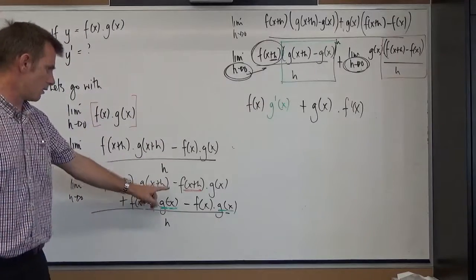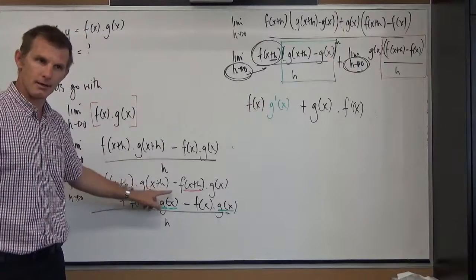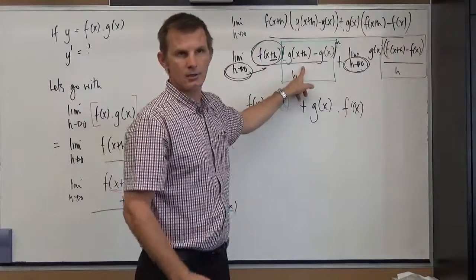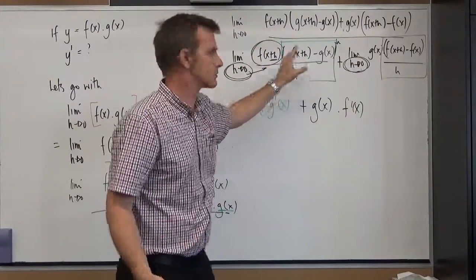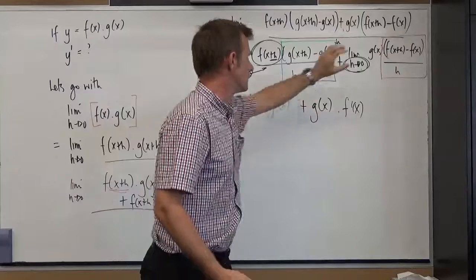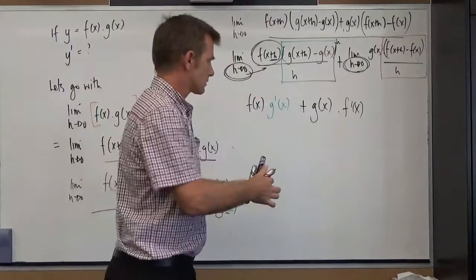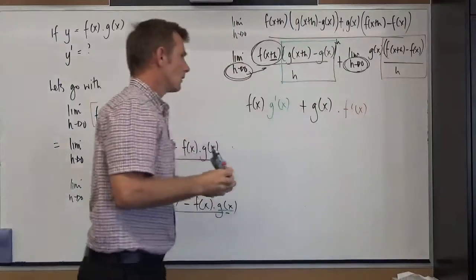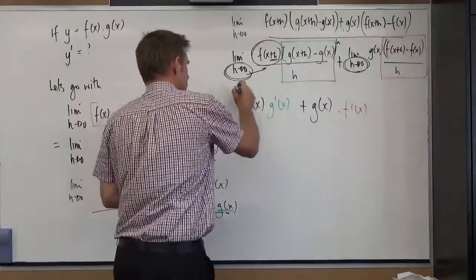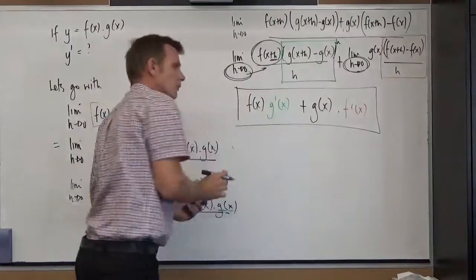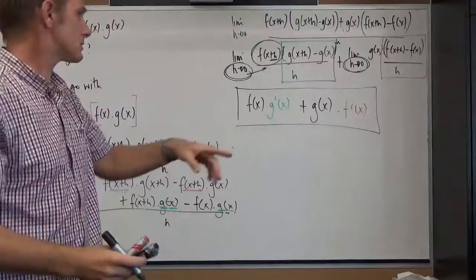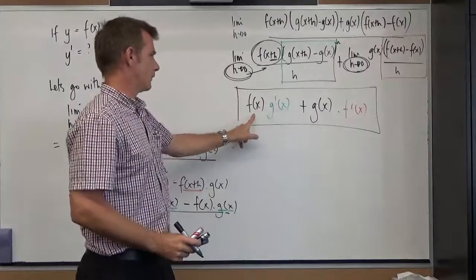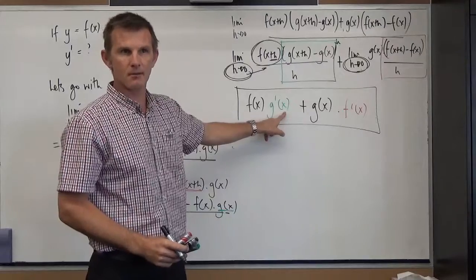So with a little neat add-in, subtract, add in, it allowed us to rearrange and then use the idea of differentiation by first principles to get that into something neat. I'll just change the colour coding here to match. And then really, this is exactly what I was trying to prove, to say that the product rule is the derivative of the first times the second plus the first times the derivative of the second.